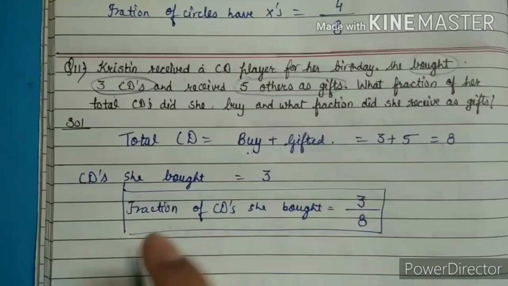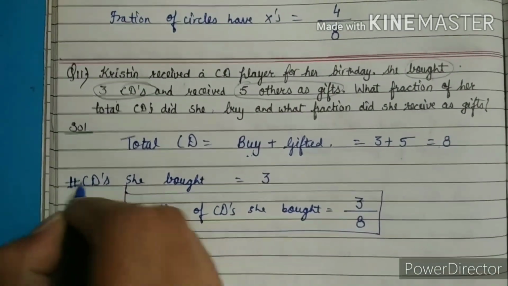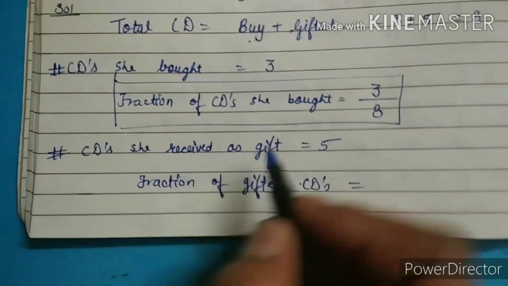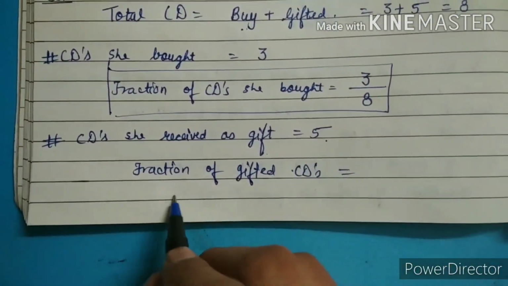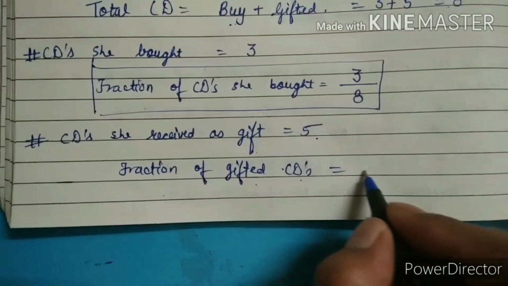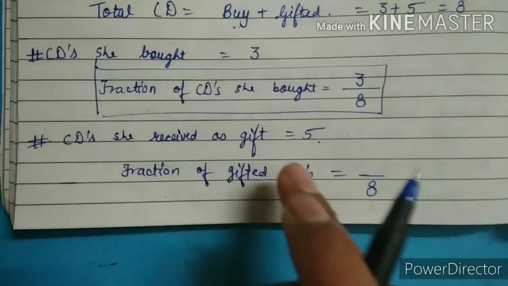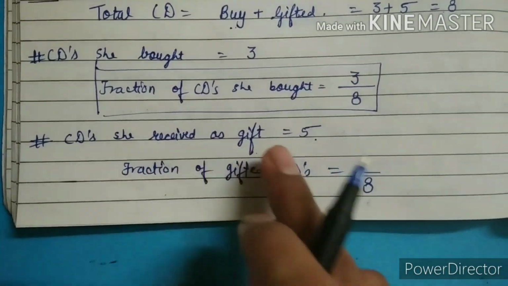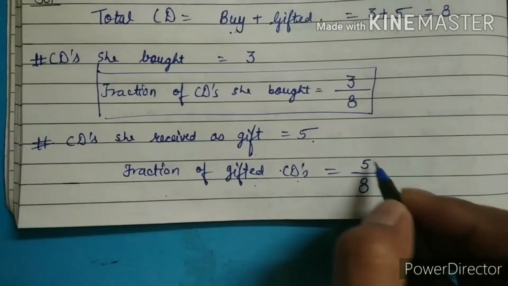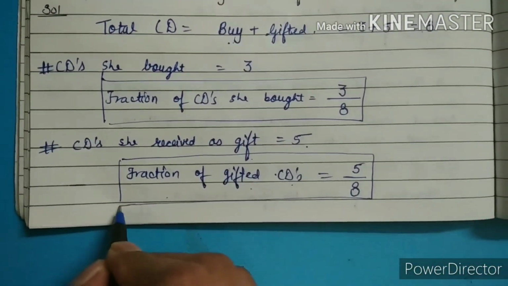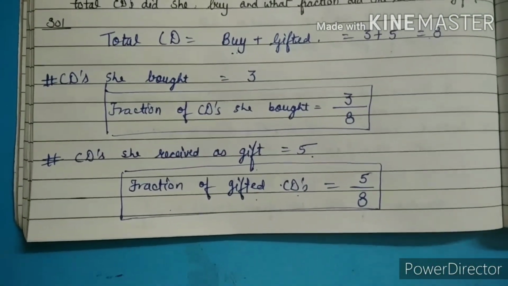Now same we have to do for the gifted. Okay, so CDs she received as a gift is 5. So fraction of gifted CDs will become, total will always come as a denominator, and the total received as a gift CDs are 5. So this is the second part of the question, and here we completed our exercise 7.1.